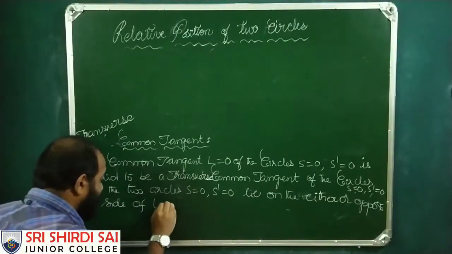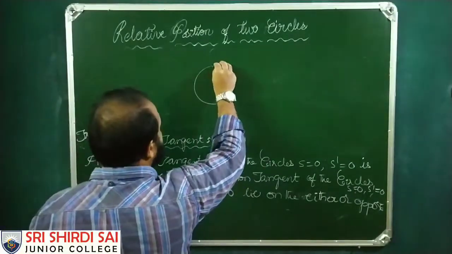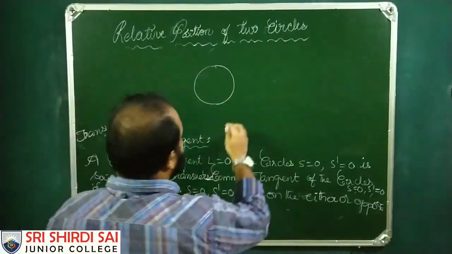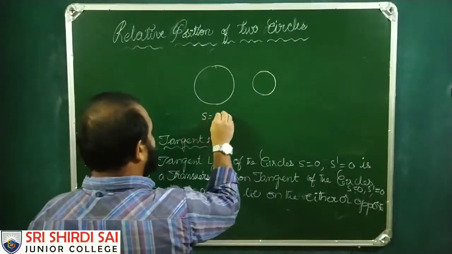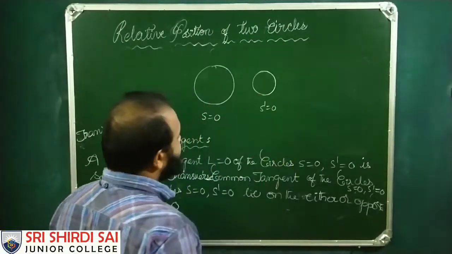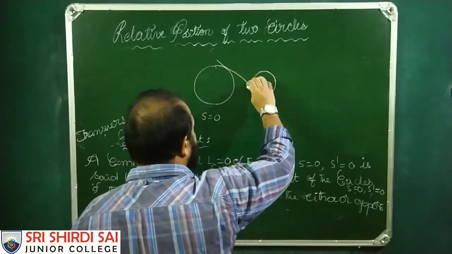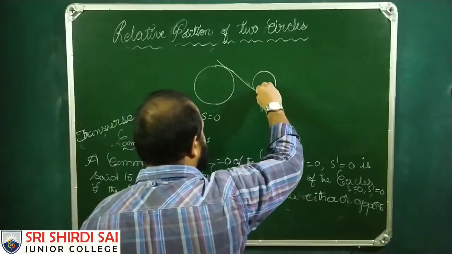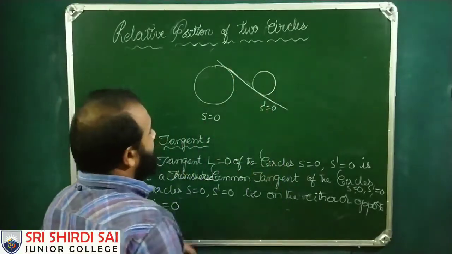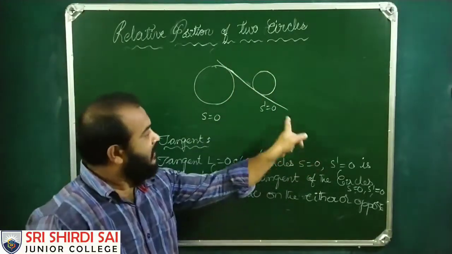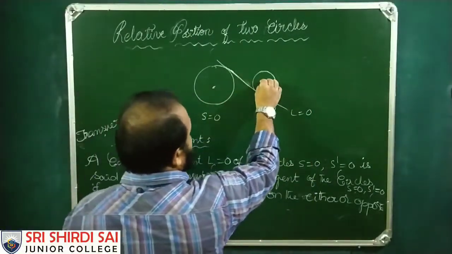What I am trying to tell you is, let us take two circles like this. This is S equals 0 and S dash equals 0, and this is a common tangent, for example, L equals 0.